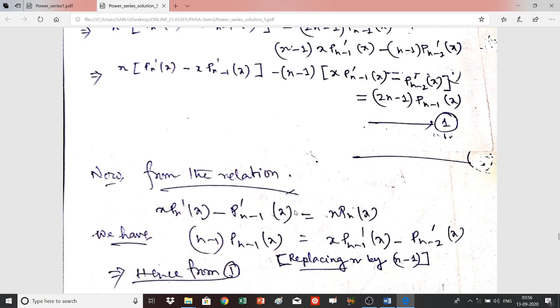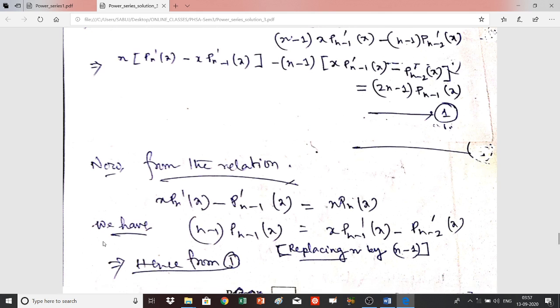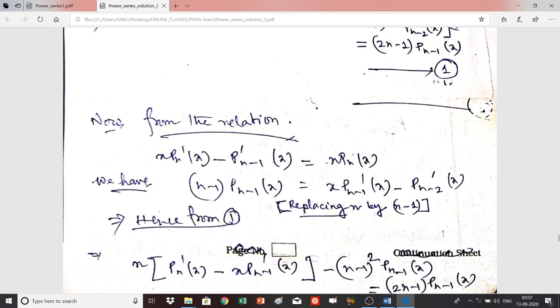Now this relation is also established, that is x into Pn prime x minus P(n-1) prime x, that is equal to n Pn. So from this we can write, just replace n by n minus 1 in this relation.